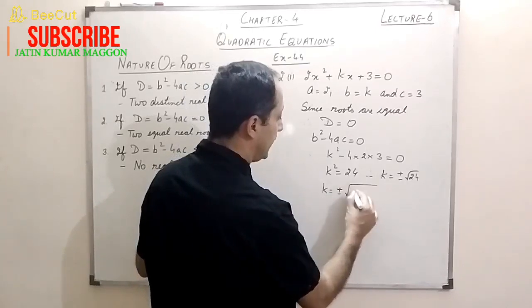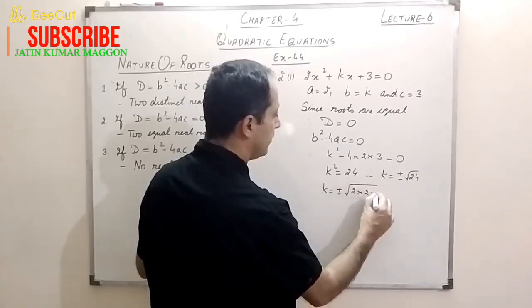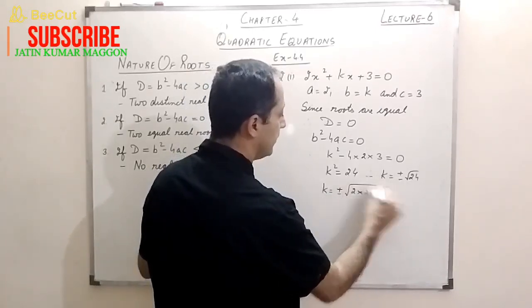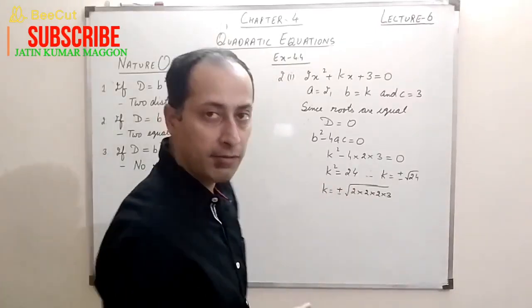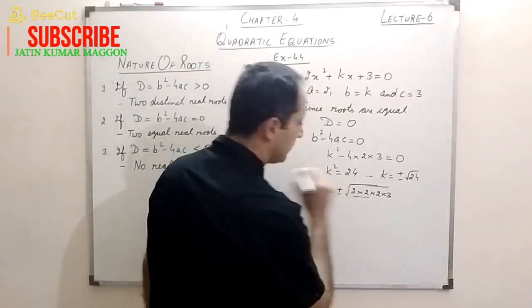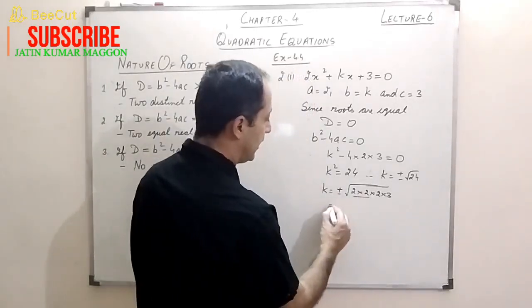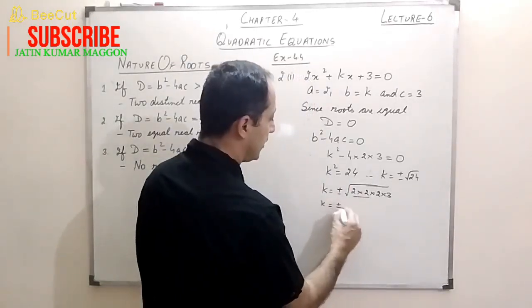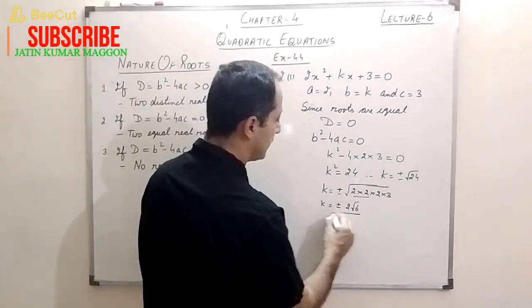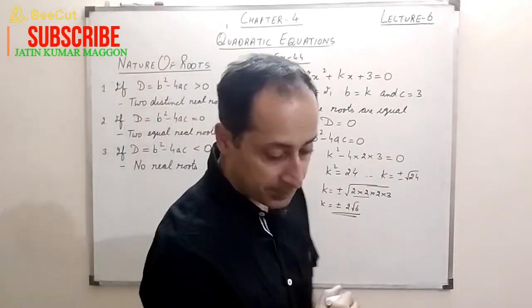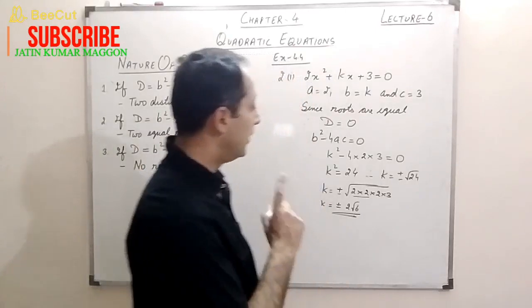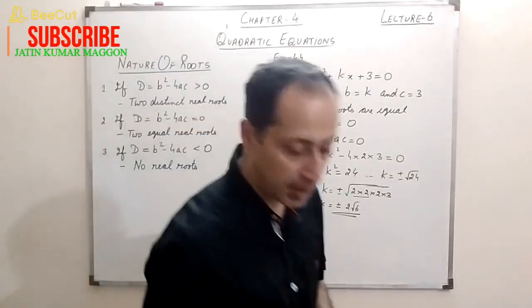So it will be something like this, 2 into 2 into 2 into 3. Right? Now if you form the pairs, this is the pair, other numbers are not in pair, so obviously 1 from this will come out, and I have k equals plus minus 2 root 6. Right? So this was about the first part of this question.